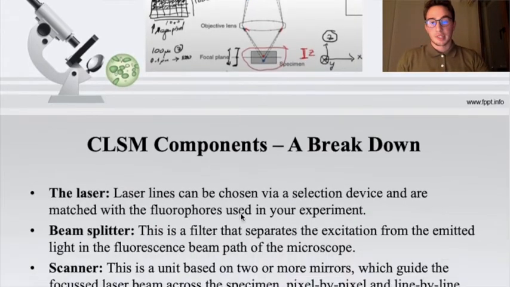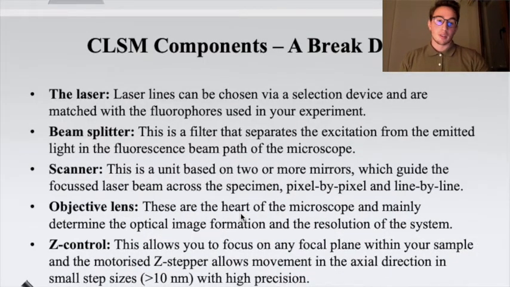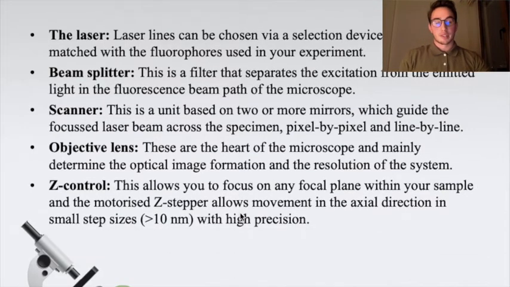Let's move on to CLSM components, a breakdown of the system. The laser line can be chosen via a selection device and is matched with the fluorophores used in the experiment.